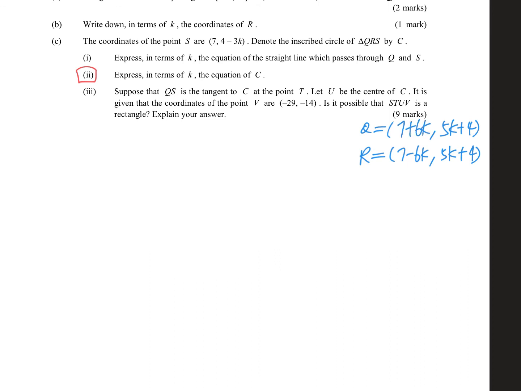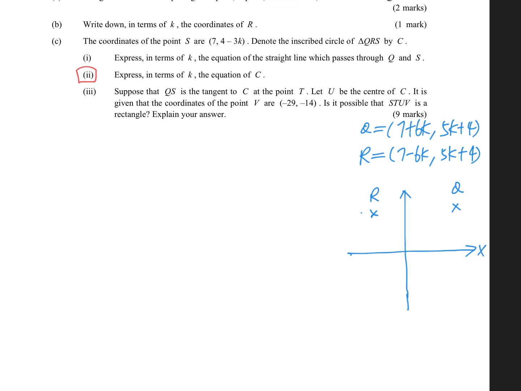And then since k is positive, if you try to plot a bit, maybe first of all we have the x-axis, and then we have the y-axis. 7 plus something and then 7 minus something, so that's why symmetric. And then QR is horizontal because the y coordinates are the same, so Q may be here and R may be here, right?